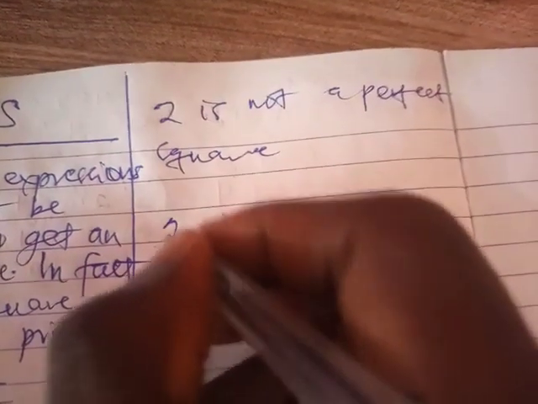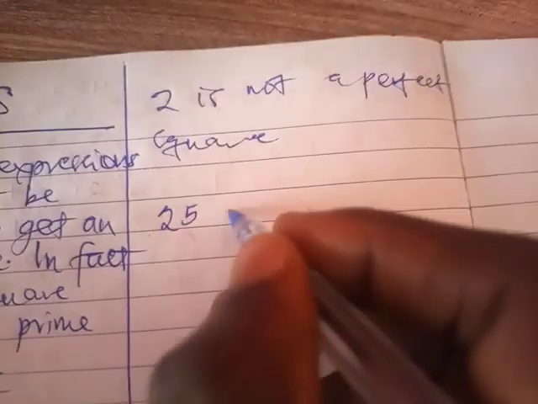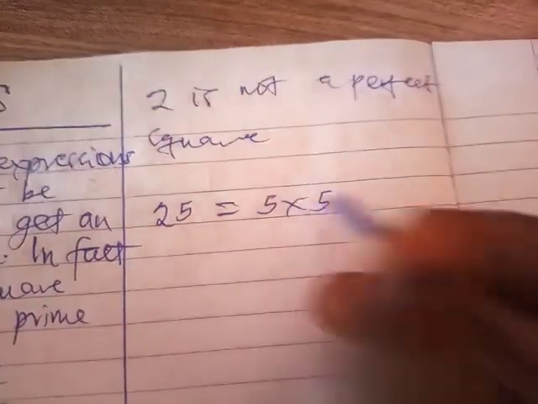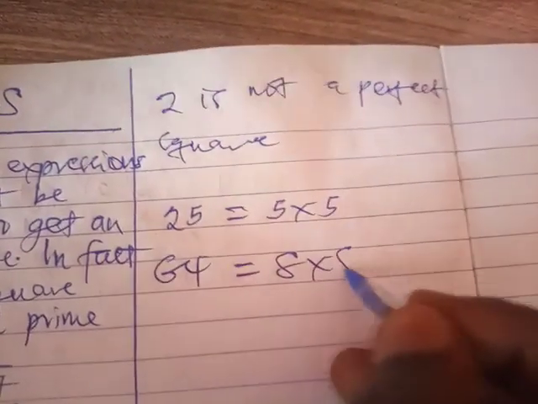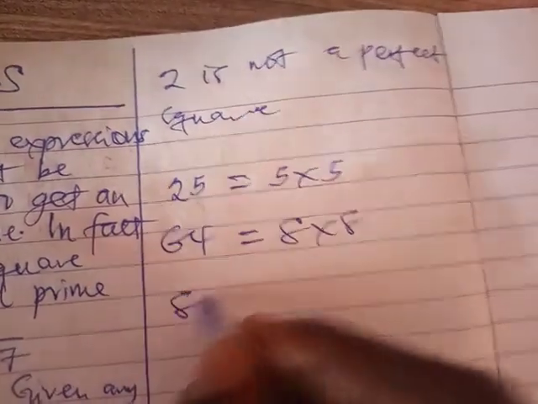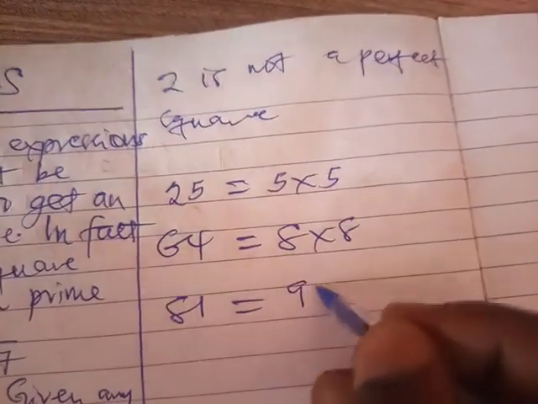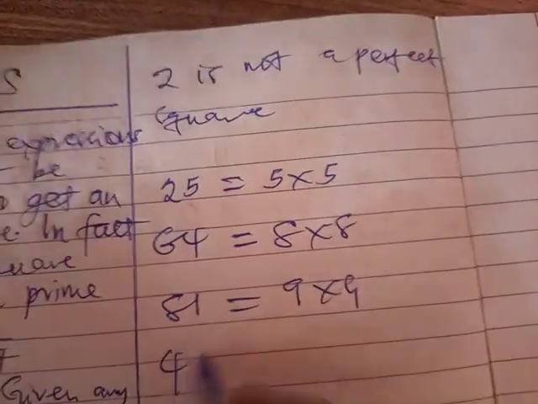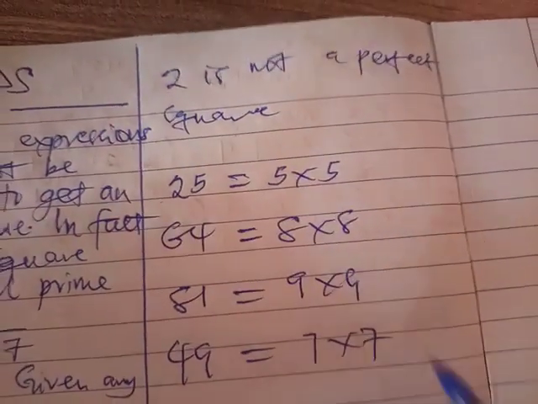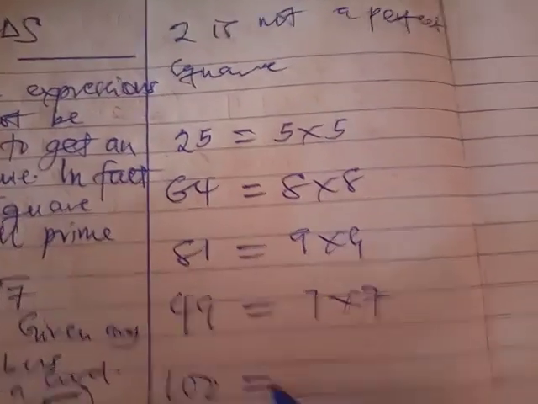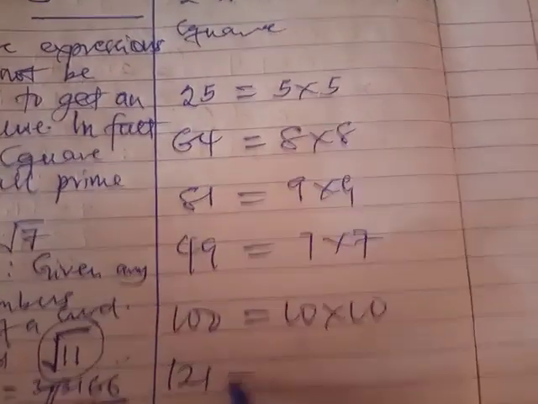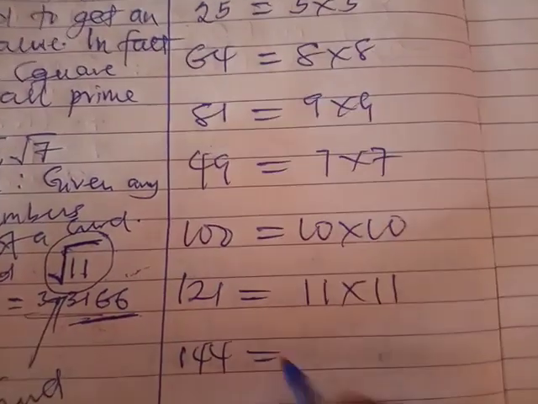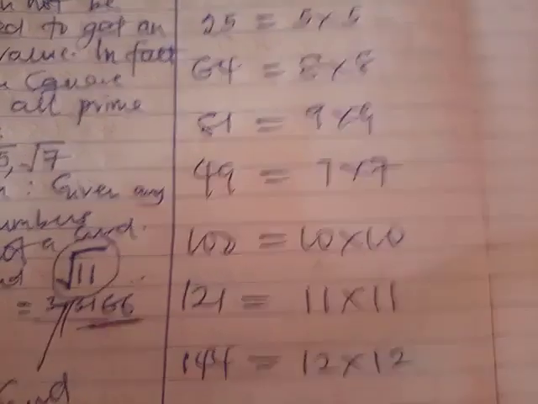But a number, say 25. 25 is a perfect square because 5 times 5 is 25. 64 is a perfect square because 8 times 8 is 64. 81 is a perfect square because 9 times 9 is 81. 49 is a perfect square because 7 times 7 is 49. 100 is a perfect square because 10 times 10 is 100. 121 is a perfect square because 11 times 11 is 121. 144 is a perfect square because 12 times 12 is 144.